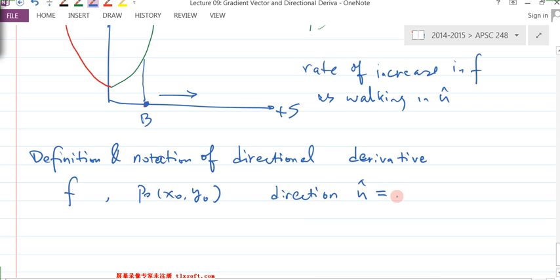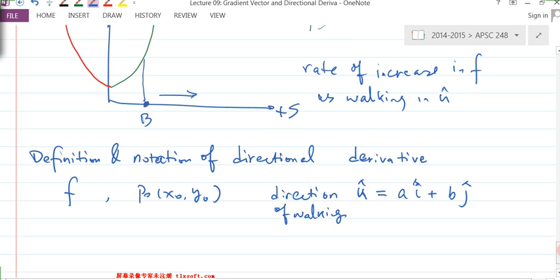Let's say u hat is a unit vector in the xy plane, which we can denote as a i hat plus b j hat. That's the direction of walking, or direction of change.